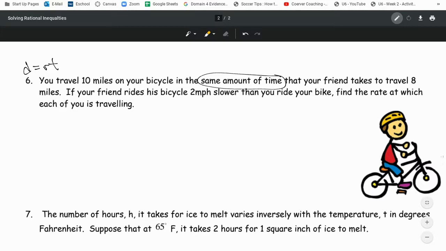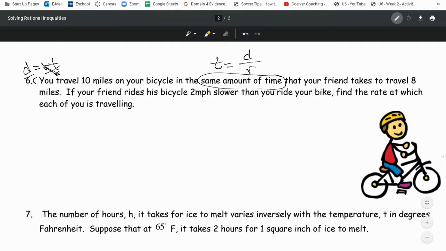So since that's the same, I know that if I solve this equation for time, I just divide r to both sides, right? So time is equal to distance divided by the rate, because I just solved it right here. So I know that if I can find the time it takes me and set it equal to the time it takes my friend, then I should be able to figure out this problem.